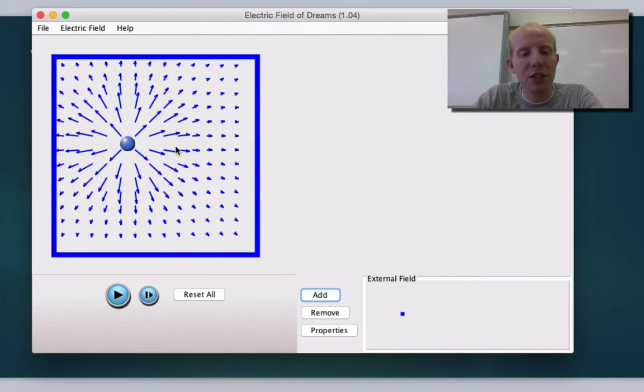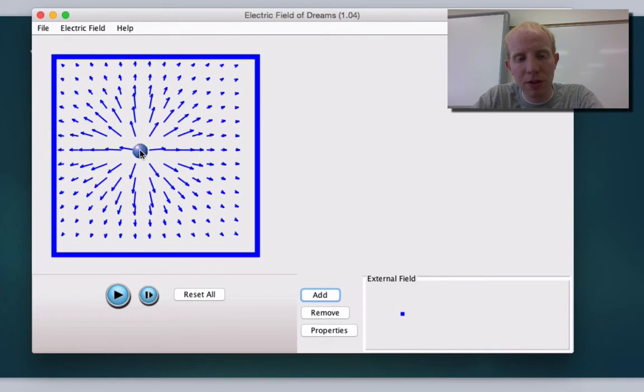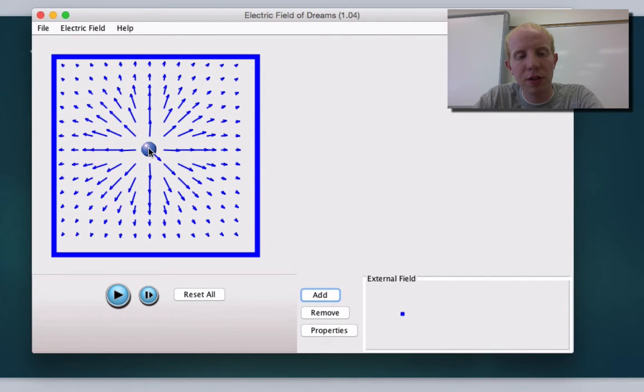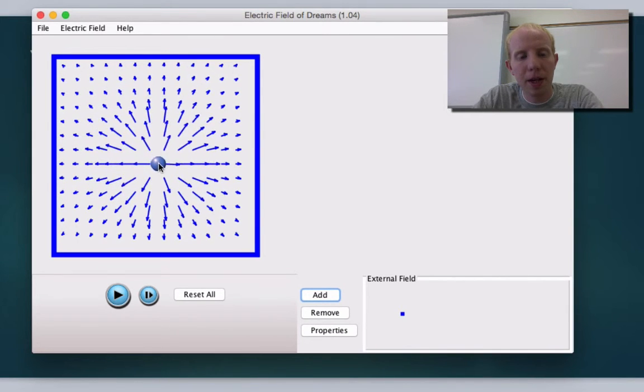Any positive charge that would be placed in this field would be pushed out by the electric force. You'll also notice that the arrows nearby the charge are a lot longer than the arrows further out away from the charge, because there'd be more force the closer you are to this charge. So this is a visualization of what the electric field would look like.